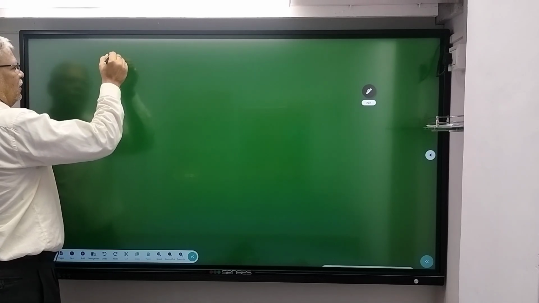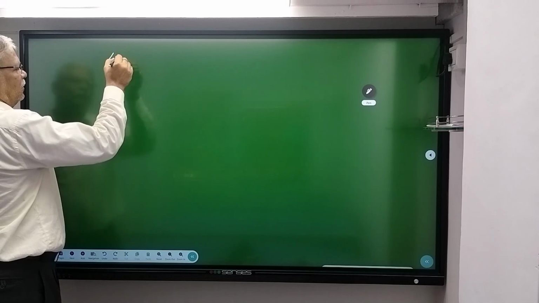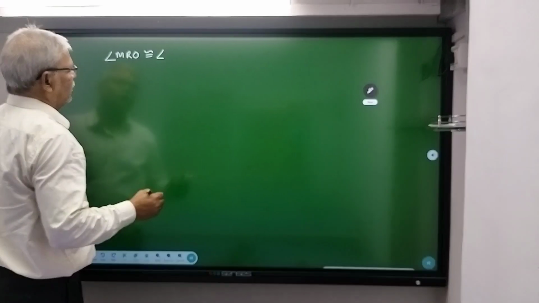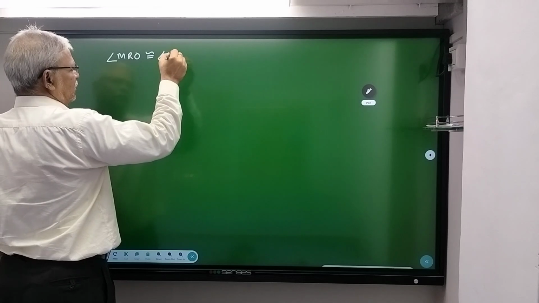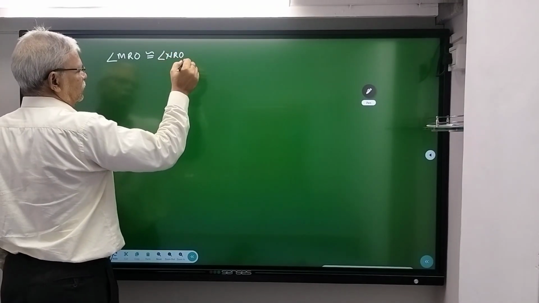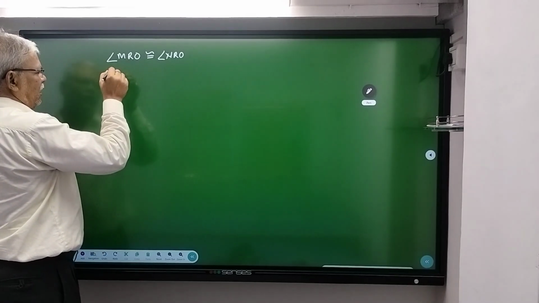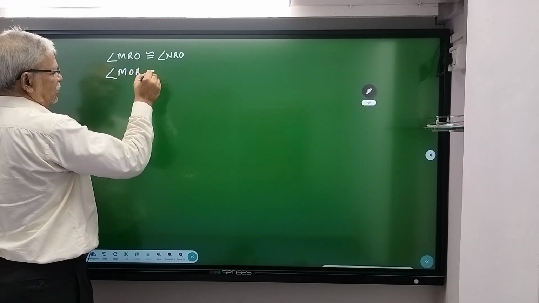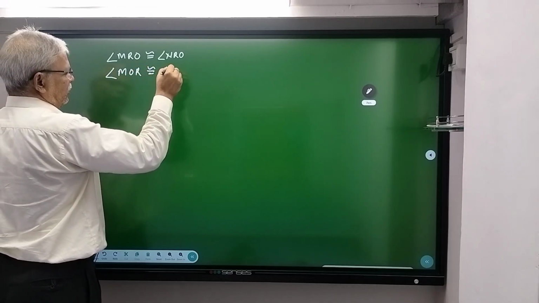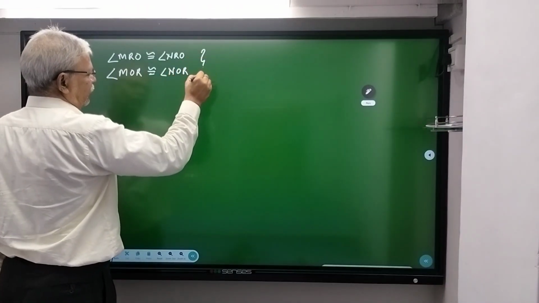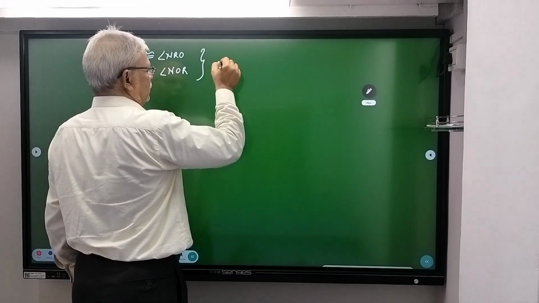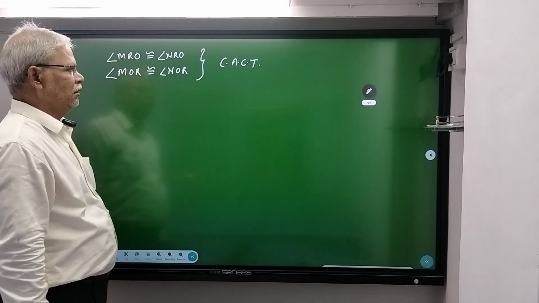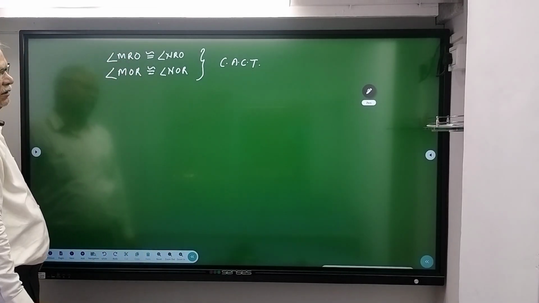Therefore, angle MRO is congruent to angle NRO and angle MOR is congruent to angle NOR, and for both, here CACT, congruent angles of congruent triangles.